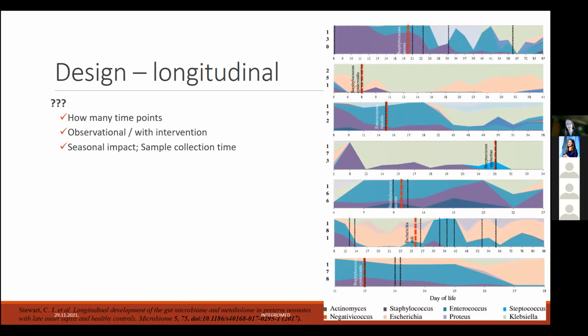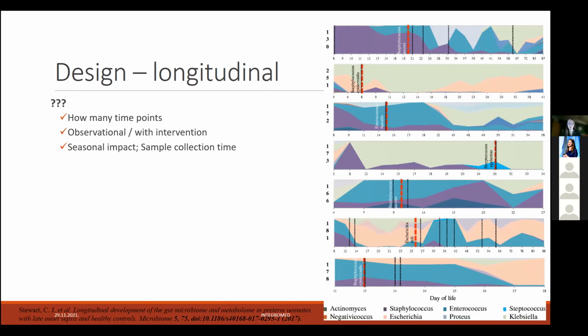That should definitely be taken into account afterwards when we perform statistical analysis, because some tests can be used for one and can't be used for the other. Also, will the longitudinal study be observational, or will we intervene with some medication, treatment or dietary changes and so on? And again, of course, the seasonal impact.